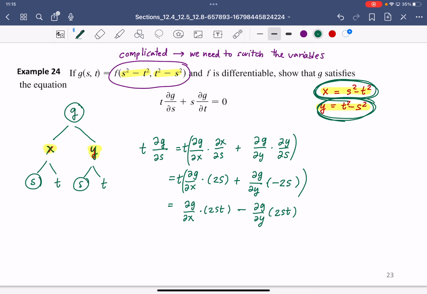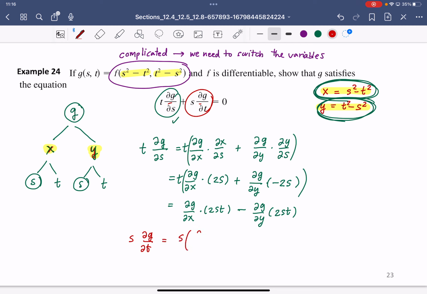Okay, this is the first part. We already did it. So the second one, the red one, S times ∂G/∂T. We hope that we're going to get the same term or the subtraction of the previous term, so we can add them up, the green one and the red one, and hopefully you get 0.